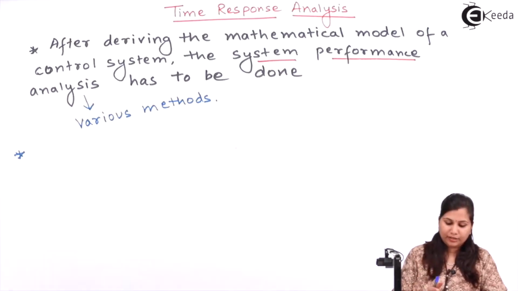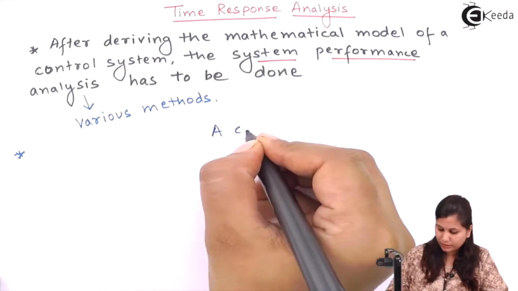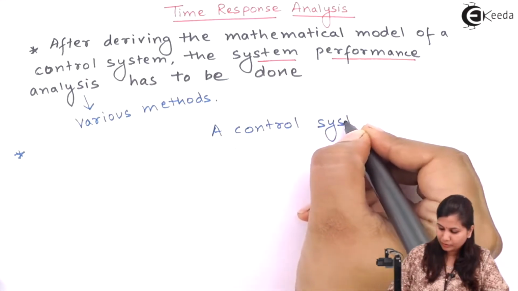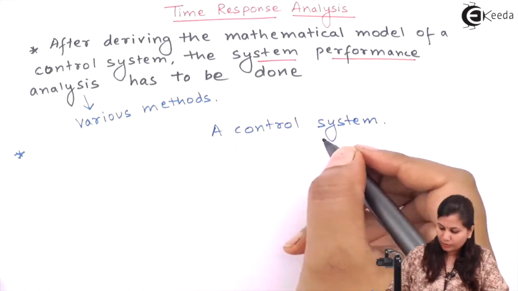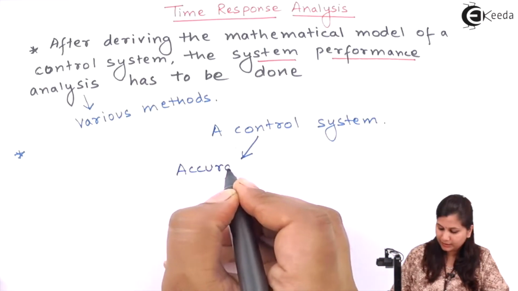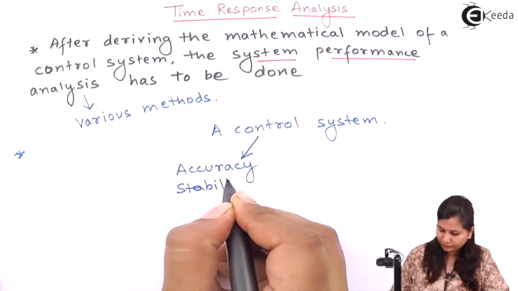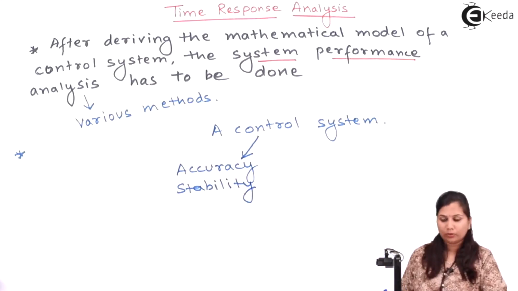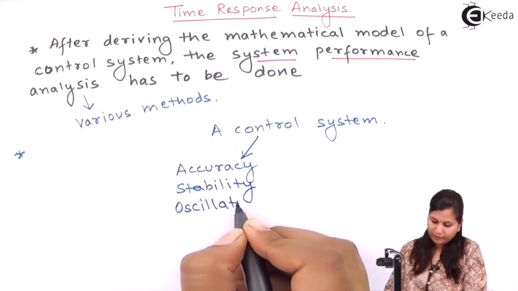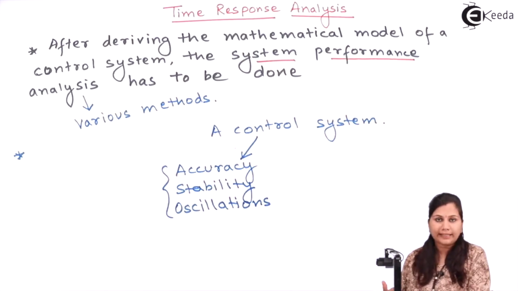Suppose we are analyzing the performance of a control system. We will see the accuracy, the stability, the oscillations. We will study all these performance criteria.